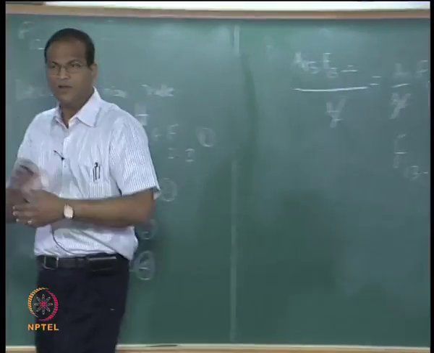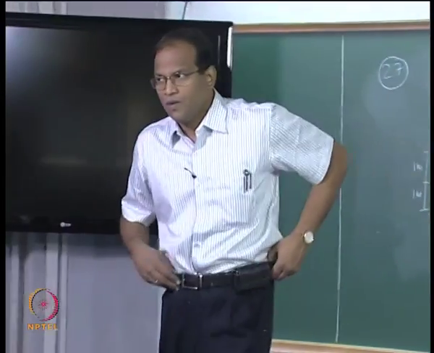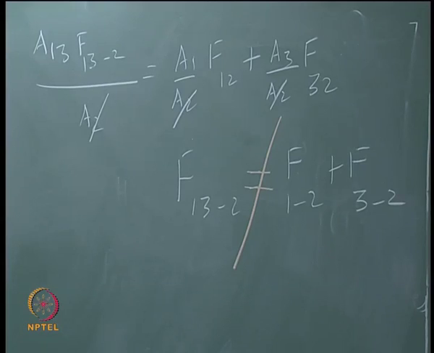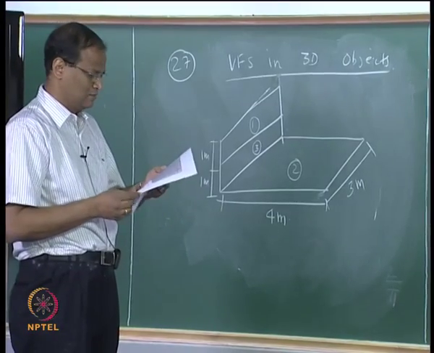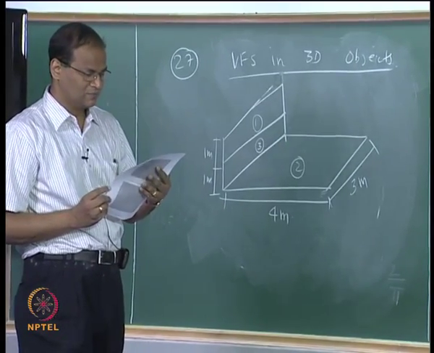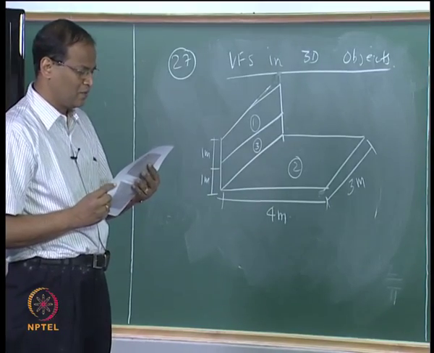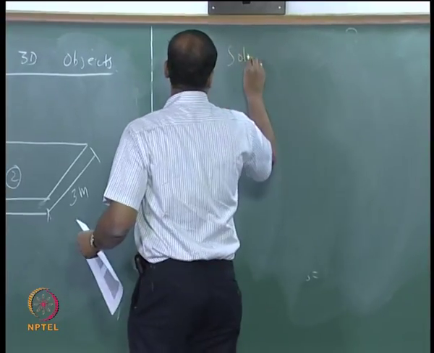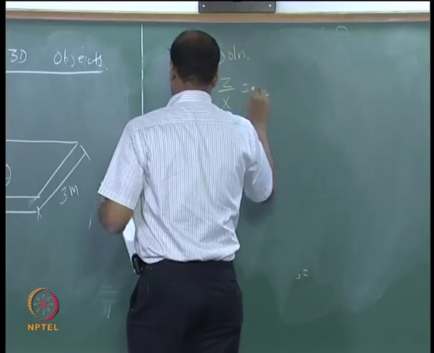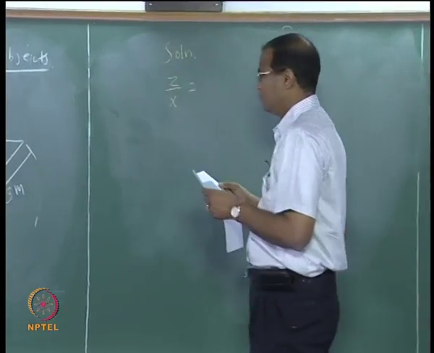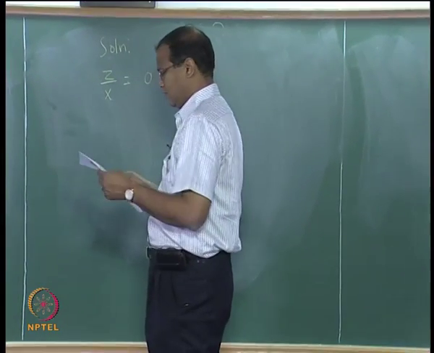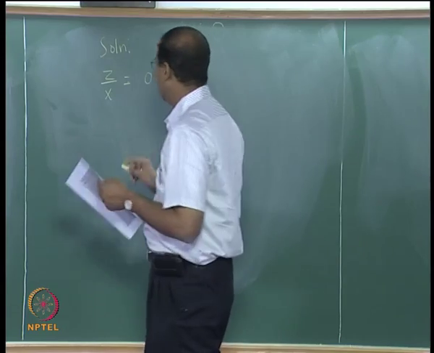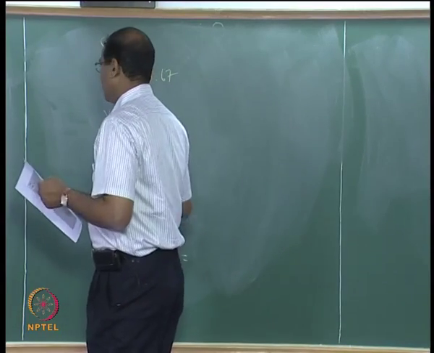Now solve the above problem with the decomposition rule, okay. Now let us take the chart. You have to look at the chart, view factor for perpendicular rectangles, okay. So what is Z by X? 0.67, very good. And then what else is there? Y by X, how much was it? 1.